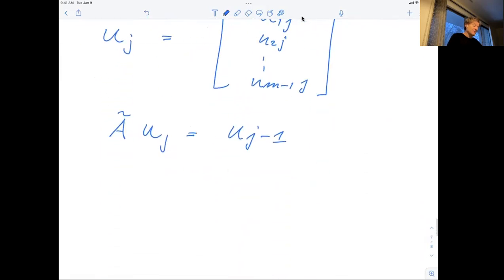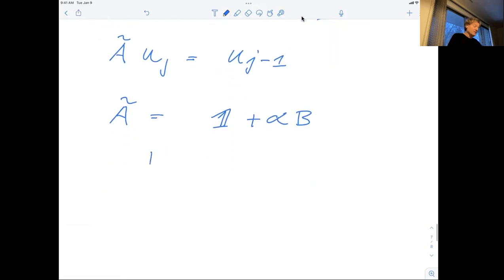This matrix A tilde is simply the identity matrix plus alpha times this matrix B, where this matrix B was simply given by 2 along the diagonal and minus 1 along the non-diagonal.